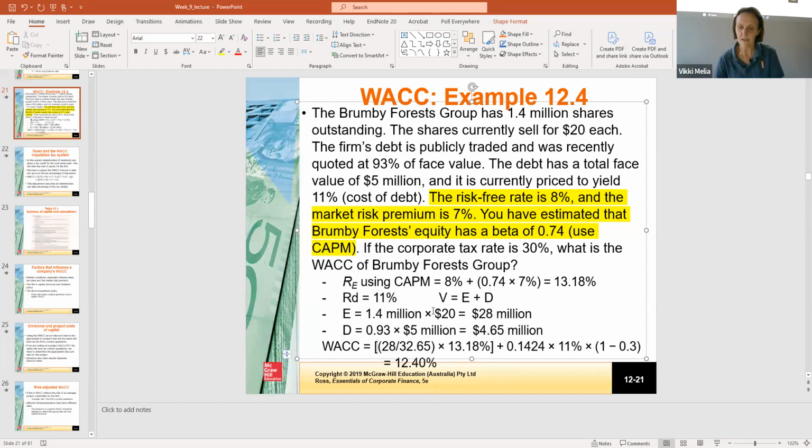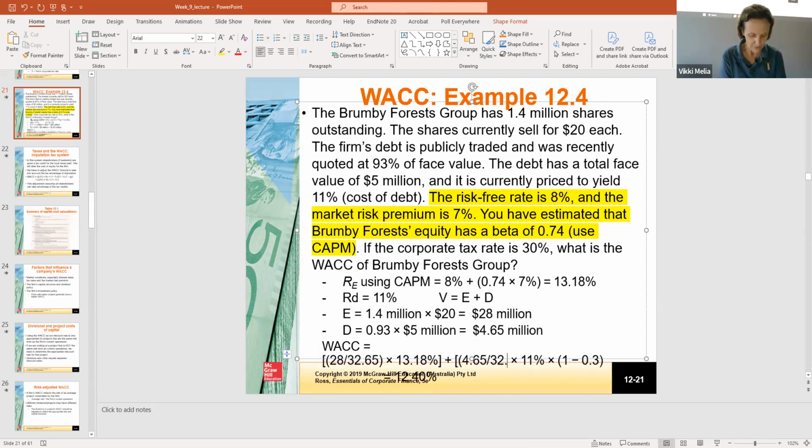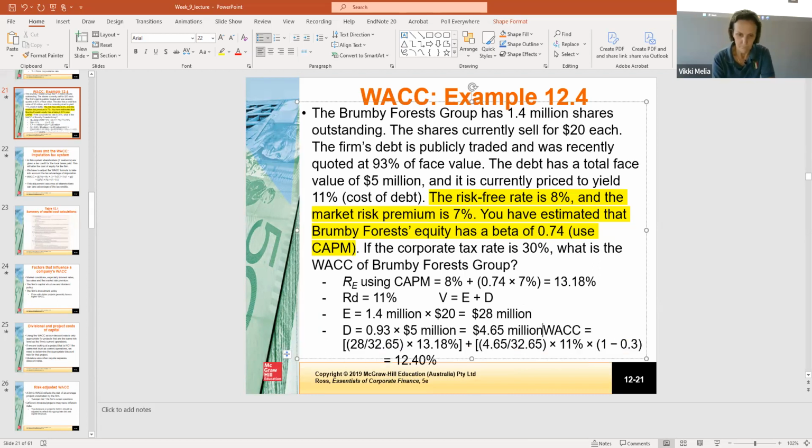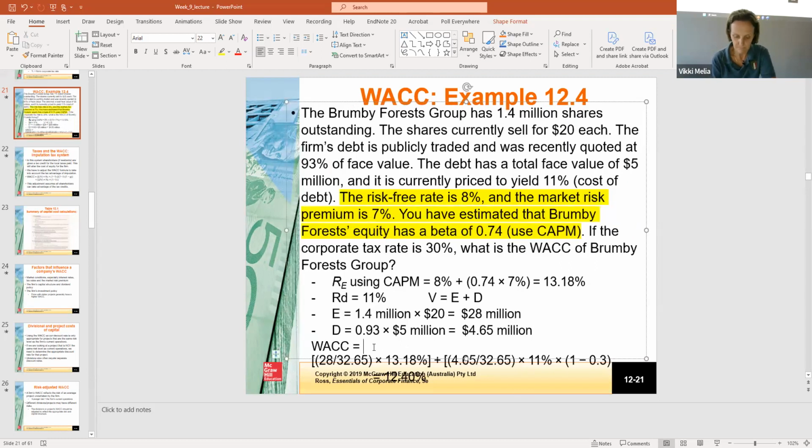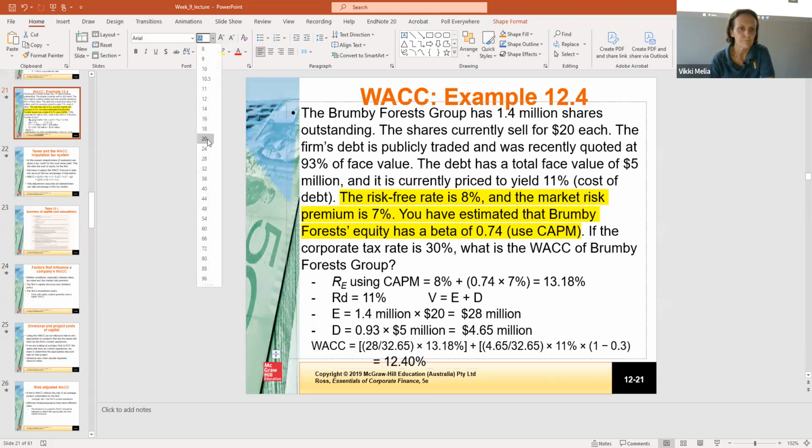The cost of equity is 13.18%. Plus debt. So debt is 4.65 million out of a total 32.65 million. So I've got my market value of debt divided by the total market value of the firm, multiplied by the cost of debt.